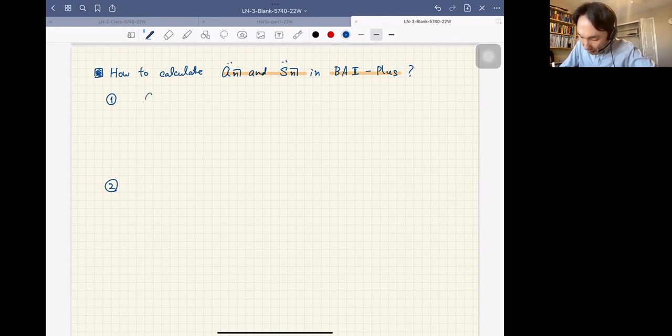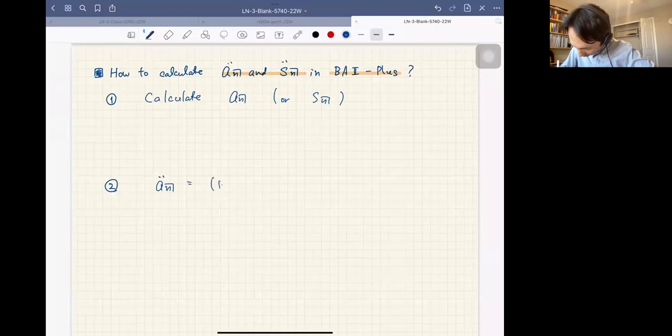So my suggestion is just calculate A angle n or S angle n, then multiply by 1 plus i. Or S double dot n is 1 plus i times S angle n.